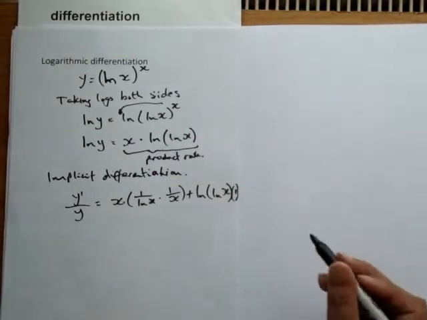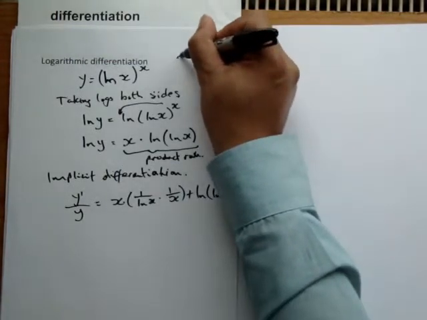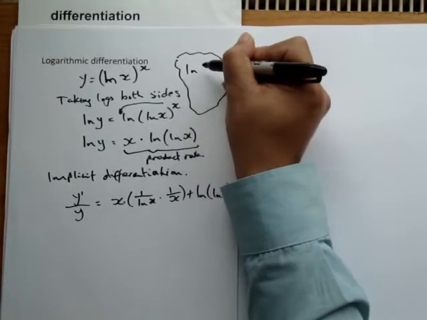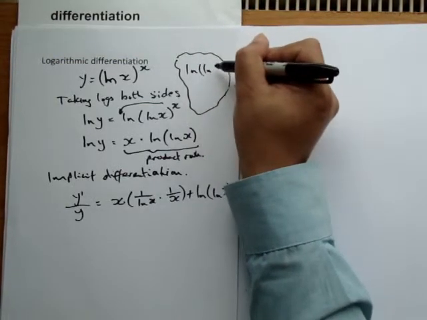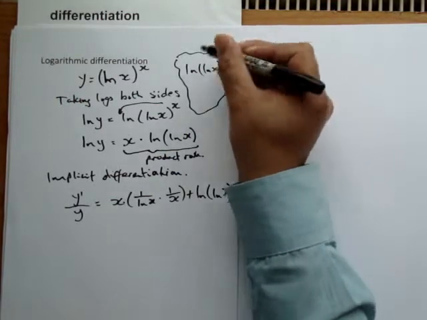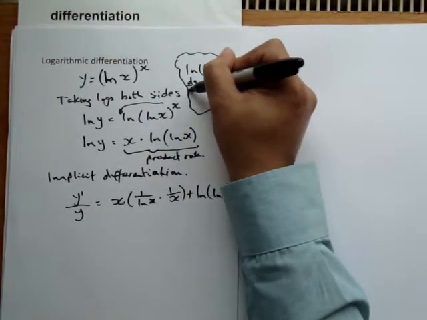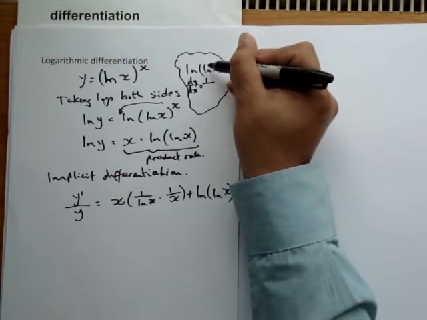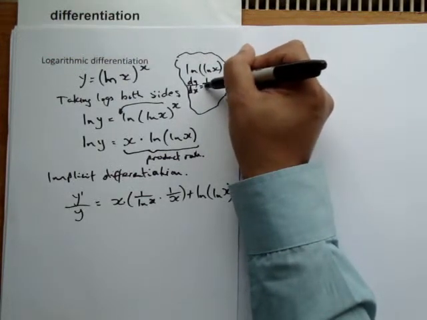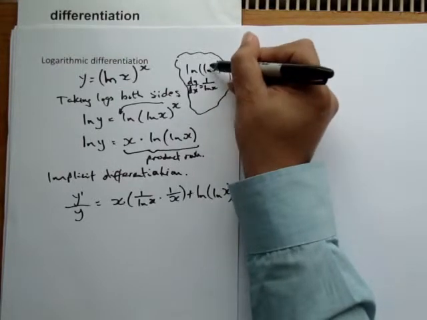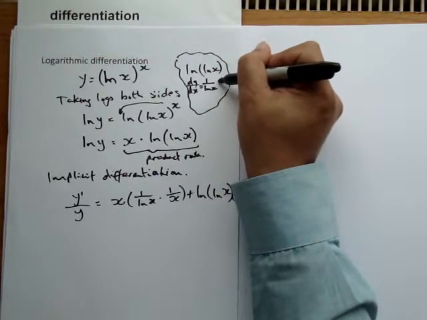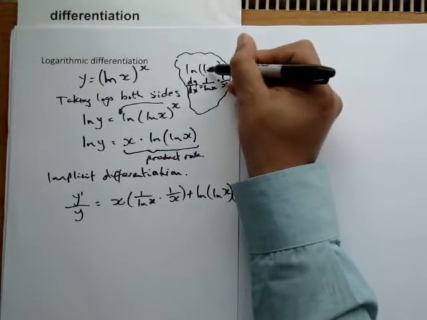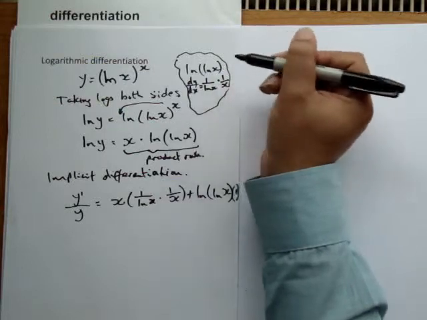If you don't understand that, let's just do it as an aside. So for natural log of x, dy by dx is 1 over natural log of x, which is this, multiplied by 1 over x, which is inside the bracket.